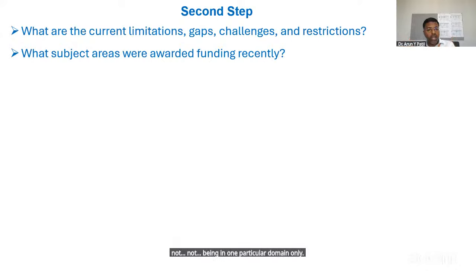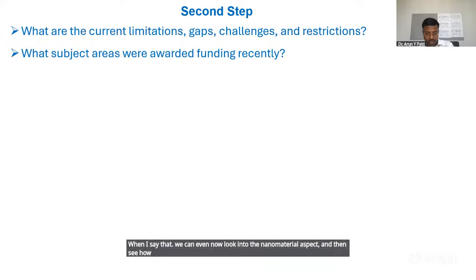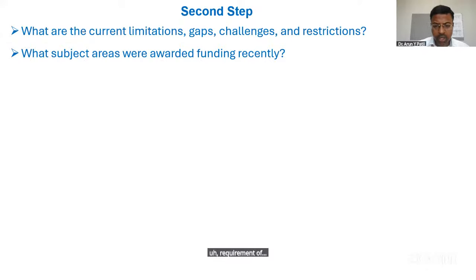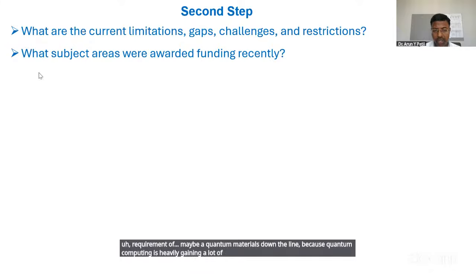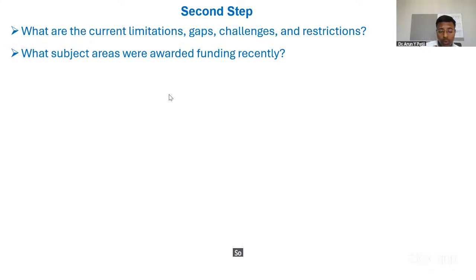We can even now look into the nanomaterial aspect and see how it fits into my requirement of maybe quantum materials down the line, because quantum computing is heavily gaining a lot of impetus currently. So I would like to even look into the aspects at a nano to Angstrom level, how it works, right?